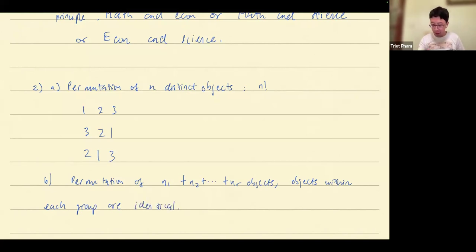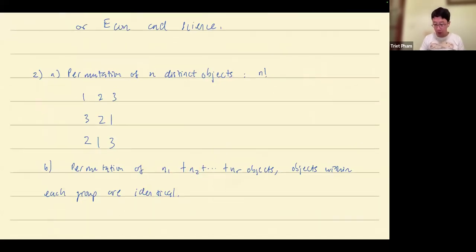What we mean by this is that there really are groups, n1 in the first group, n2 in the second group, etc., and within each group, we cannot distinguish.